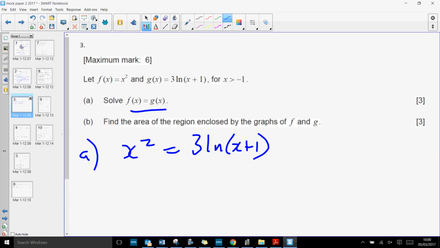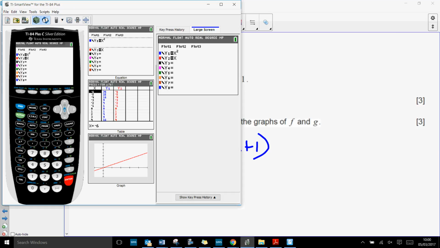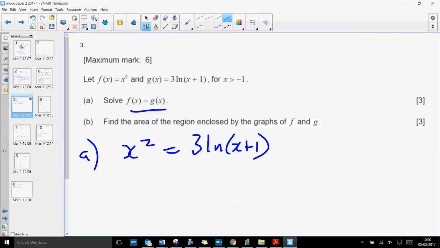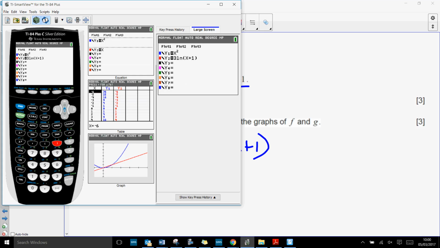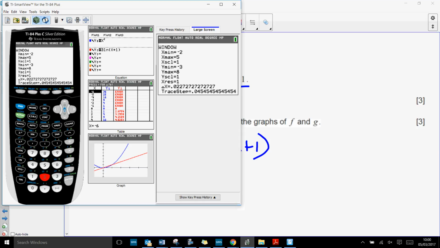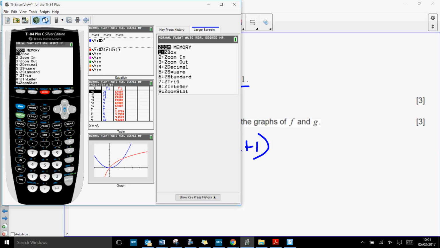Our second one is 3 ln x plus 1. And they want it for x greater than negative 1. So let's just check our window. Okay, maybe we'll go to negative 2. Actually, just go to standard to see what it looks like.